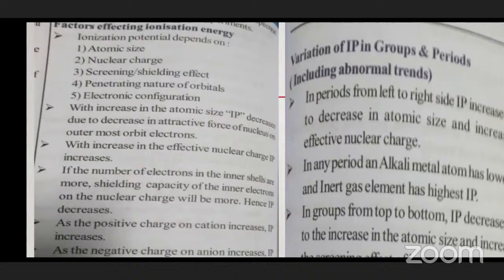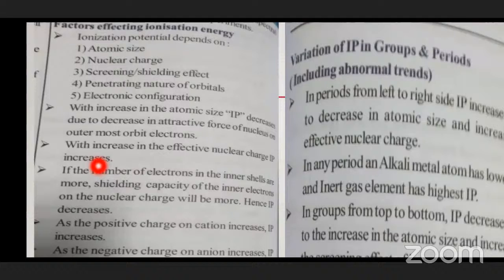Coming to the second factor, it is nuclear charge. How does nuclear charge affect the ionization potential? With an increase in the effective nuclear charge, ionization potential increases. Students, suppose the positive charge of the nucleus has increased. When it increases, what will happen?